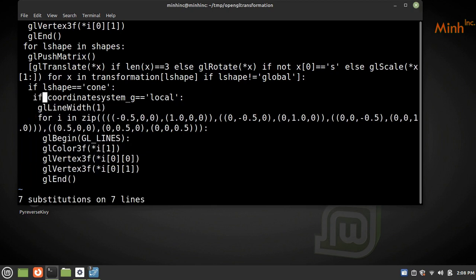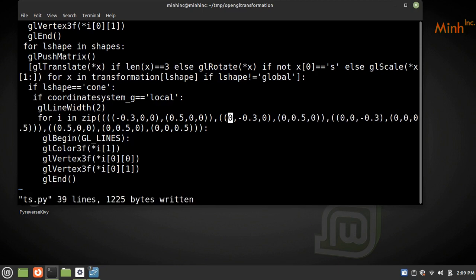Okay. So if it is local glLineWidth, we'll keep it 2. And now we'll draw the local coordinate. So this would differ. So it is minus 0.3 to 0.5. Similarly, this is minus 0.3 to 0.5. This big it would be. Similarly, this would be minus 0.3 to 0.5.